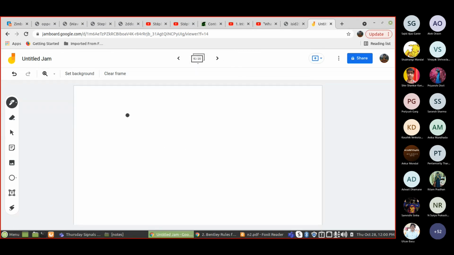In general, you can have a signal where the ROC is the entire complex plane. I missed one or two things you said, but you can type it in the chat box, or send a snapshot so that everyone knows. I'm going to give another example, which is a trivial one. You just take x1 minus x1. This is my x of t, which is 0. R1 and R2 are the same, so R1 intersection R2 is again R1.